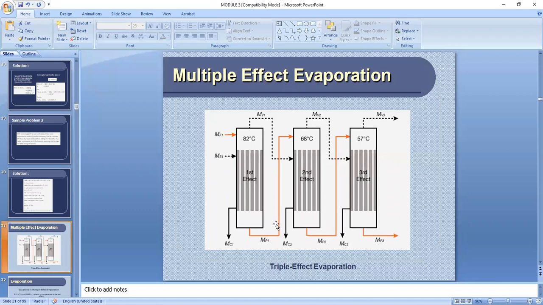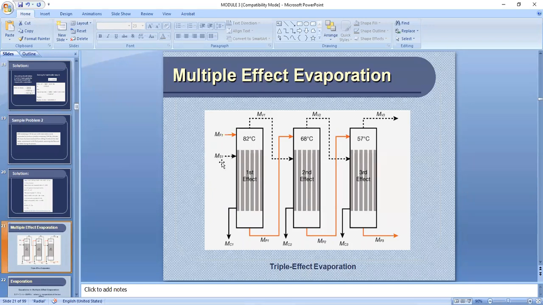So don't mind the subscripts or the representation, because this was just taken from a different source. The representation is not the way we represent it as discussed in the book and as presented in your handbook. This is just for illustration purposes. This is your feed, and this is your steam.